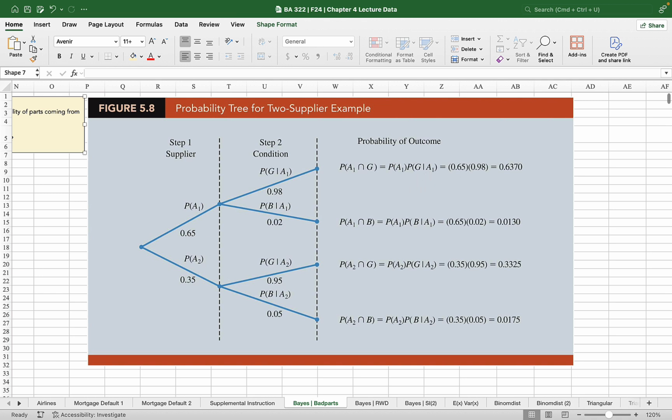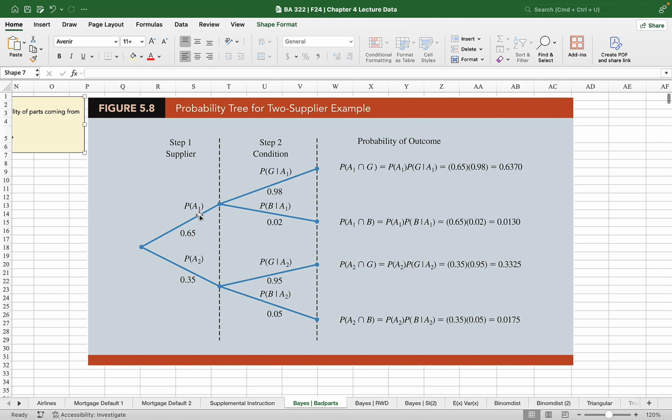So we multiply 0.65 times 0.98, and we get 0.6370. This joint probability tells us that 63.7% of the parts in our stock are going to be good parts that came from supplier 1, our first supplier.